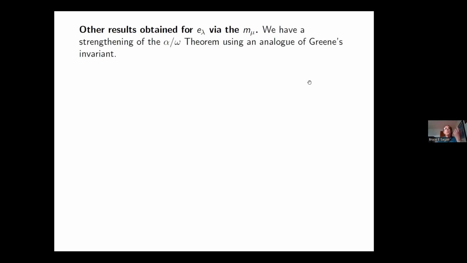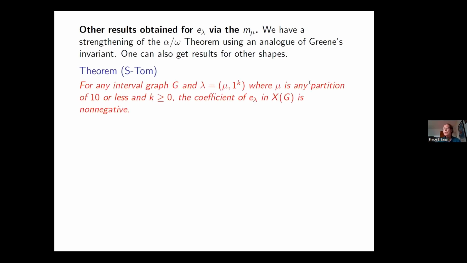First of all, we can strengthen the alpha omega theorem using what I would call an analog of Greene's invariant. So rather than looking just at the length of the first row or the length of the first column, you add the lengths of the first i rows or the first j columns. There's a corresponding theorem there. You can also get results for other shapes. Here's an example.